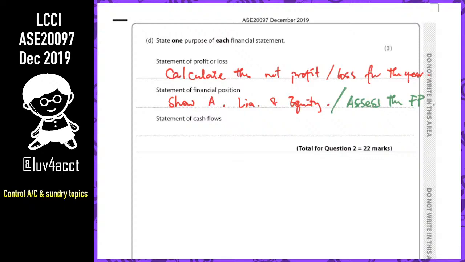Statement of cash flows show the inflow and outflows of cash in different categories, right? So it explains the reasons of the inflow and outflows of the business.